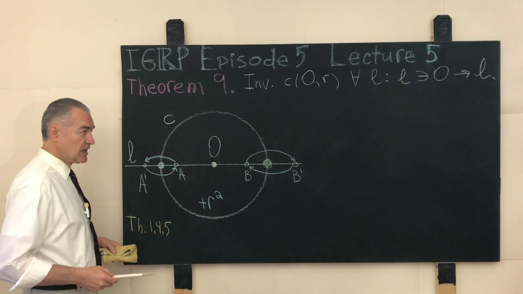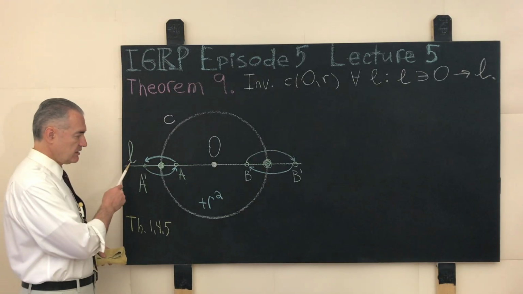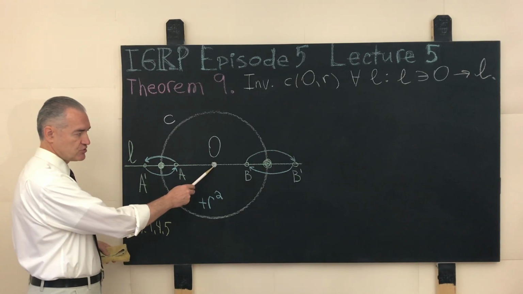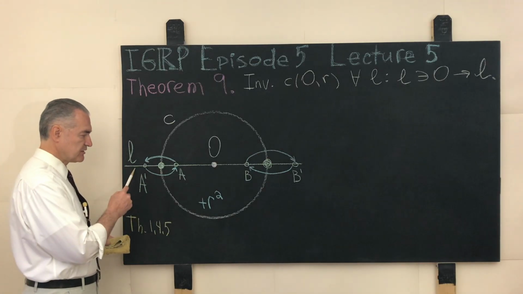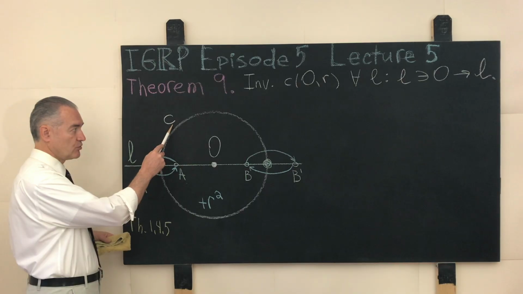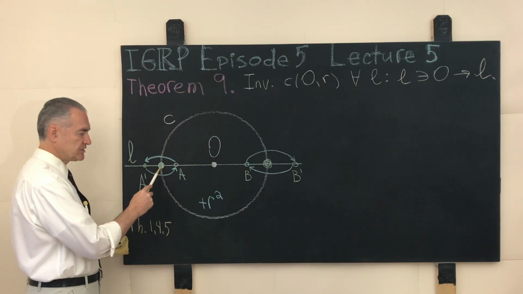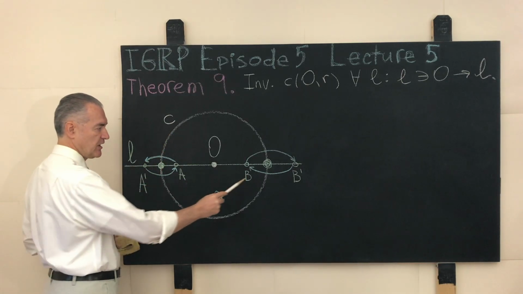Let a straight line L pass through the center of inversion O, and in that case we know that such a straight line will intersect the given circle of inversion C at two distinct points shown here and here.